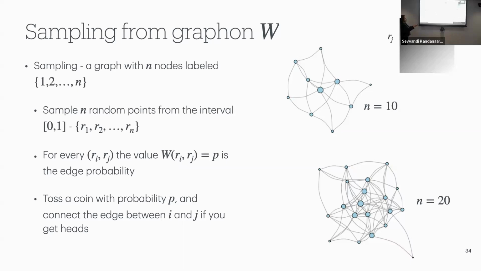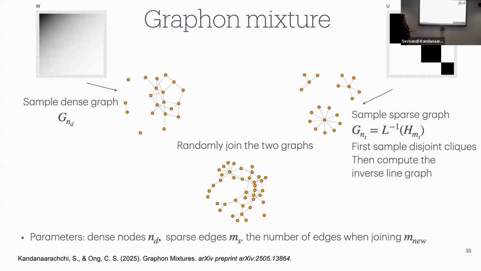So with this Graphon, for n equals 10, this is the graph I will get, and this is another graph that I got when I used n equals 20. So you can generate graphs of arbitrarily large sizes from a given Graphon, right?